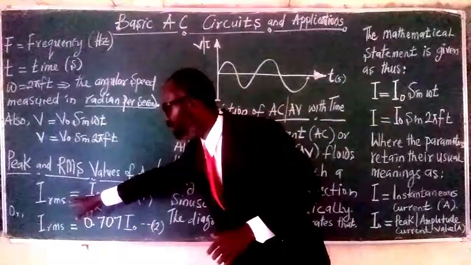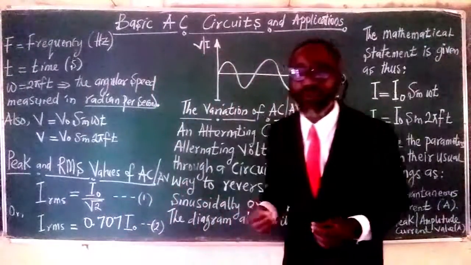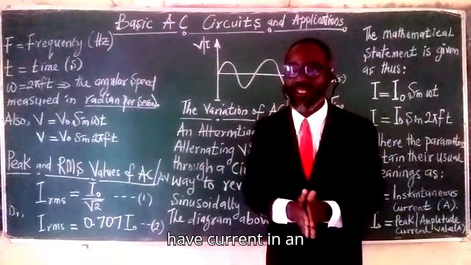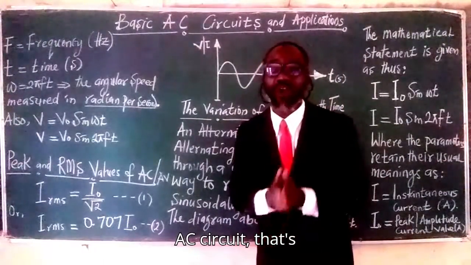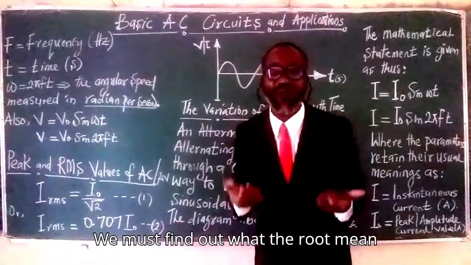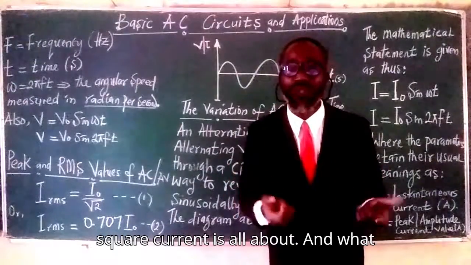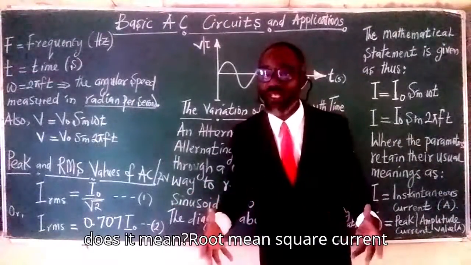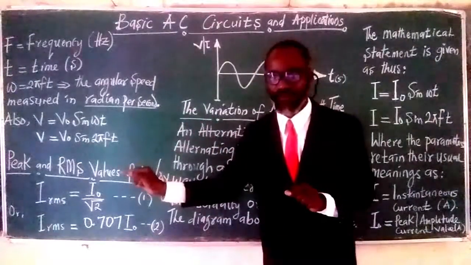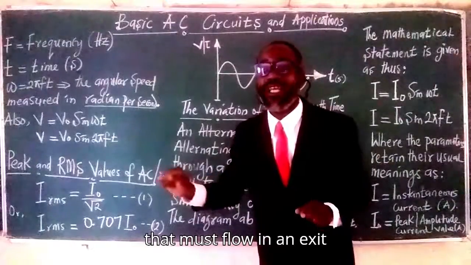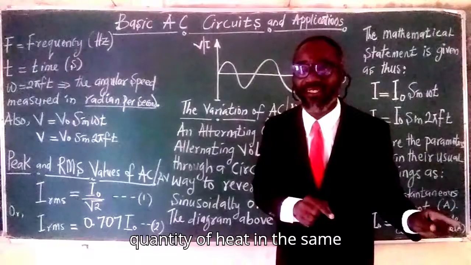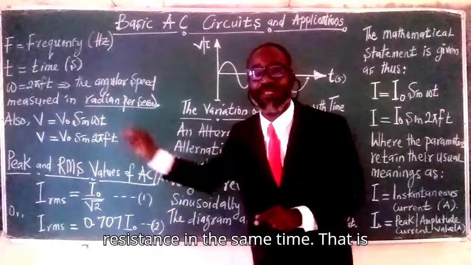The current, RMS. RMS means root mean square. So when we have current in an AC circuit, that is, alternating current flowing in a circuit, we must find out what the root mean square current is all about. And what does it mean? Root mean square current simply means that steady current that must flow in an AC circuit, producing the same quantity of heat in the same resistance in the same time.